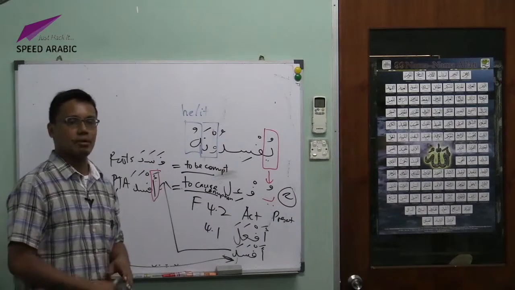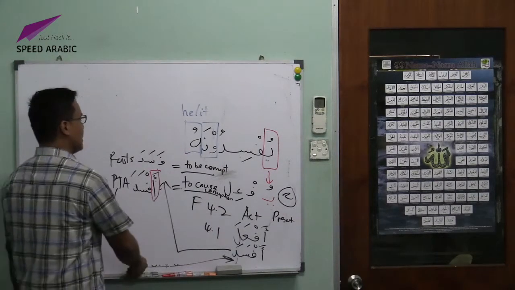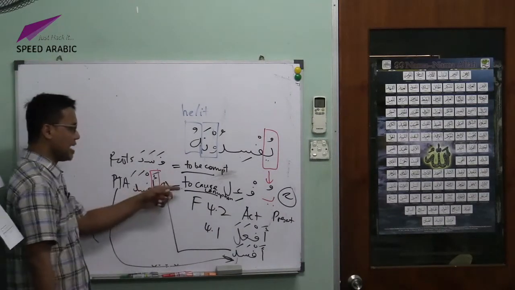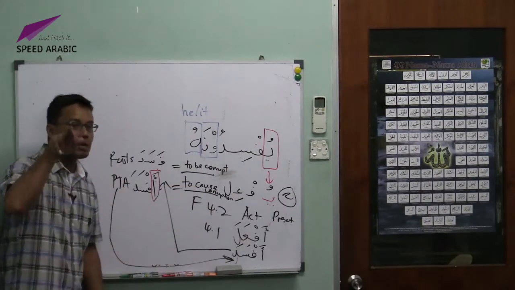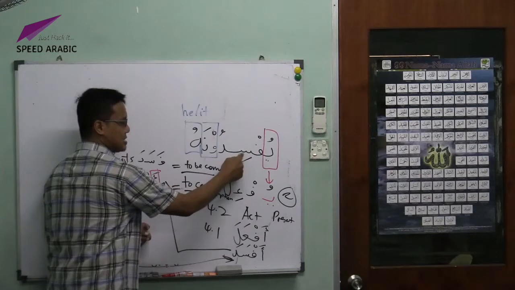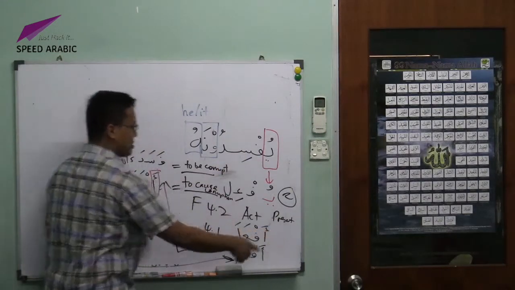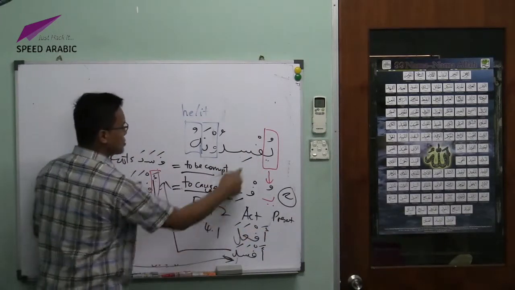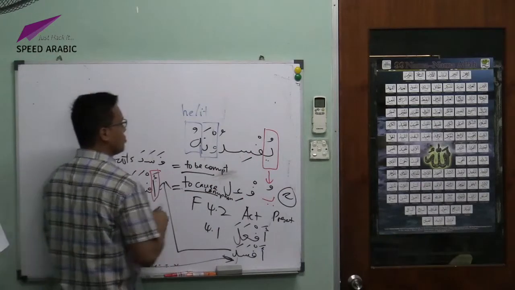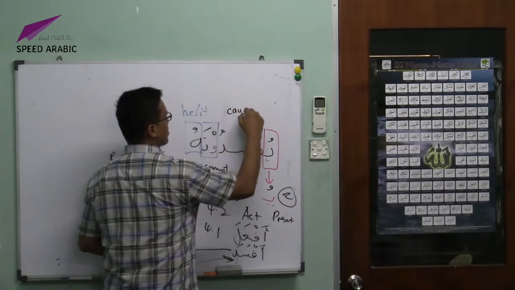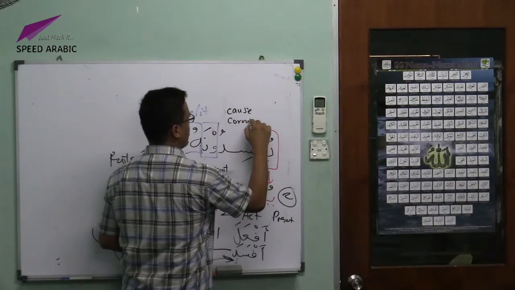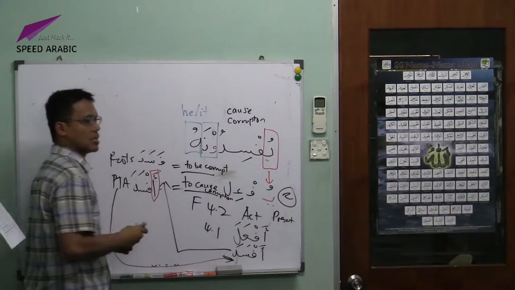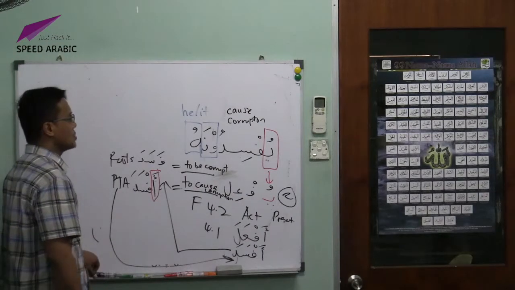Okay, that's once you reach that level. So once you get that, to cause corruption, then step 7 is to apply to the actual tense. What is the tense here? Present, right? So yufsidu here will be "cause". Instead of "caused", it becomes "cause corruption". Caused corruption. Cause corruption.